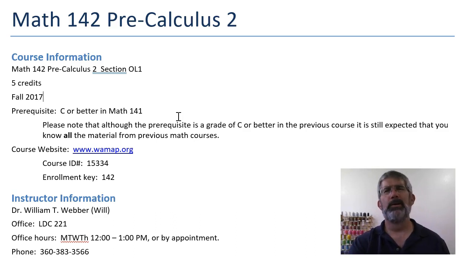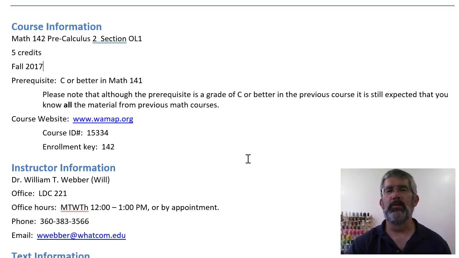It's like, no, you got one thing wrong. Fix it. Right? So yeah, C gets you in, but if you've got deficiencies, if you've got things that you feel shaky about, ask, and we will get you up to speed as best we can. You should know everything from previous math courses.